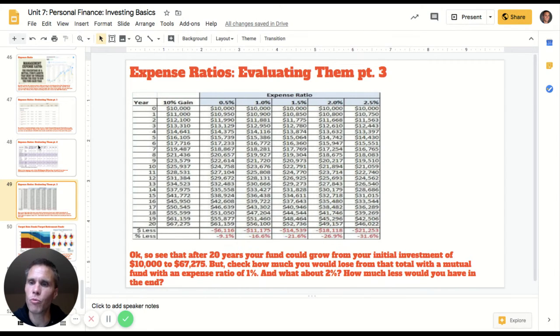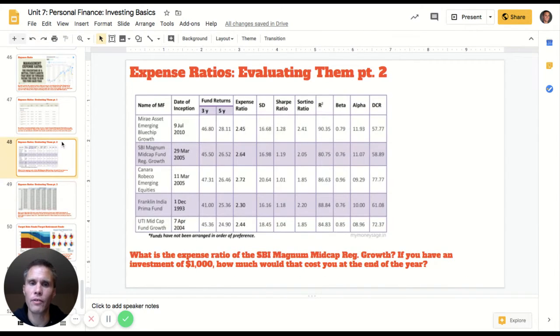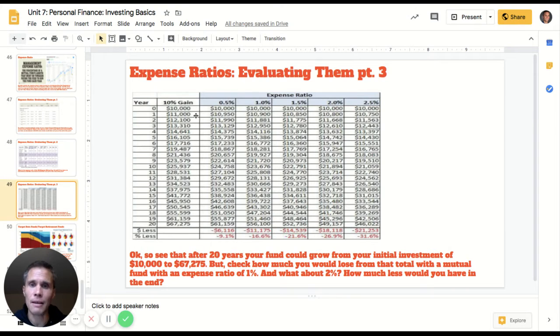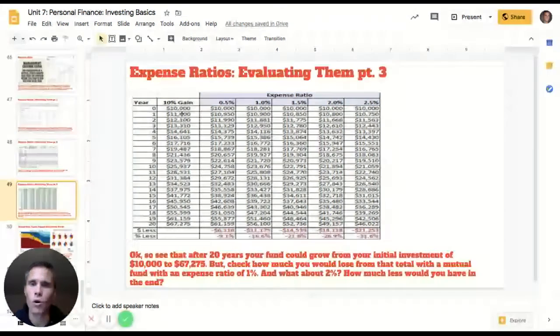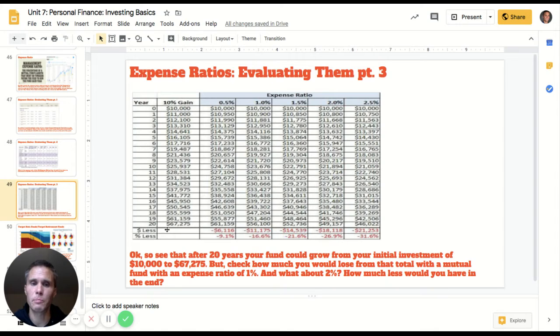Let's go up to that 2.45% that we paid for in this last one. If I would have invested $10,000 into this fund, and with the same 10% growth over that 20-year span, I would be earning $14,000 less. I'm sorry, $21,000 less than I would if there was no expense ratio involved.